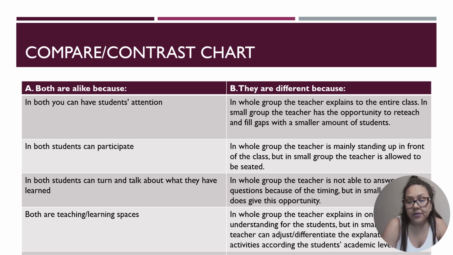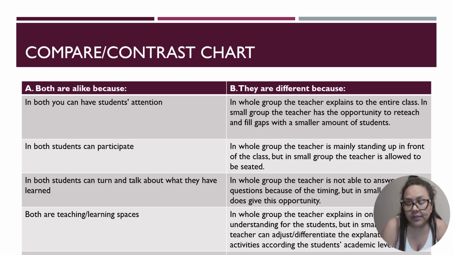But in small group instruction, the teacher can be seated and have students in a closer environment. In whole group instruction, the teacher is not able to answer all the questions, not because the teacher doesn't want to, but mostly because of timing. In a small group, we do have that opportunity to interact with students closely, so we can answer all the questions in a better way.